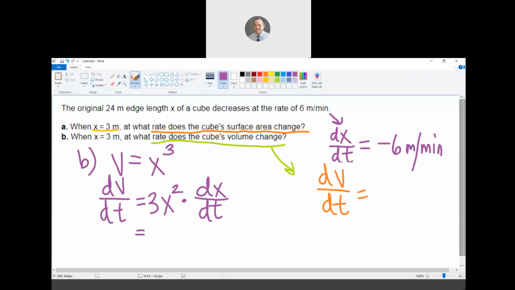Now we are ready to plug in all of our given information. x is still 3, but we're squaring it. So we have 3 times 3 squared times dx dt, which is -6.